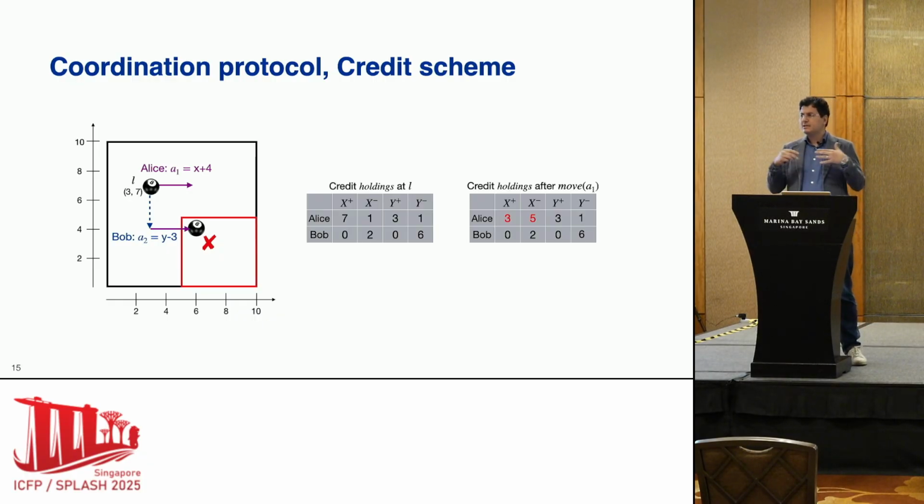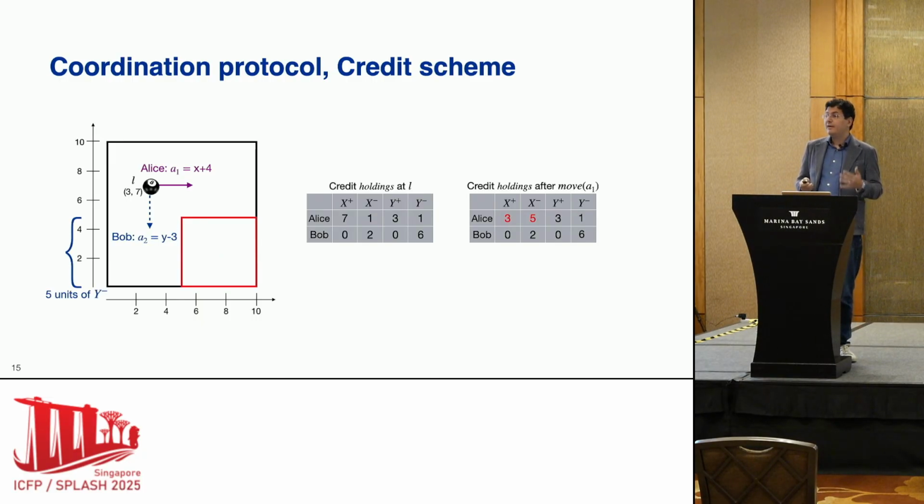So it's not one axis anymore. We have to care about the other axis. We realized that to prevent this, if we acquire 5 credits from the down direction, then no one can take us to trouble, right? So before action A1, we have to collect enough credit and lock them. That's what we do. In this case, Alice doesn't have enough credit, so she first acquires that credit, asks others to give it the credit, and then locks it.